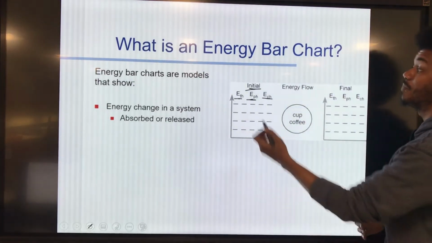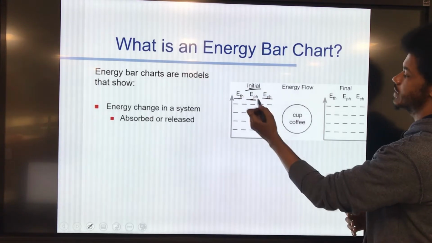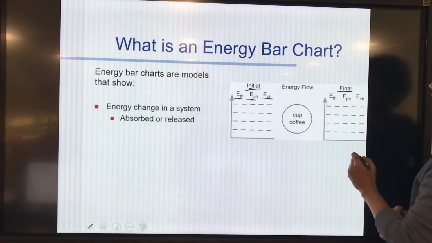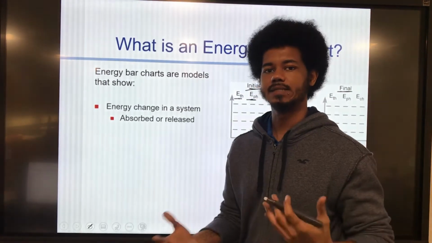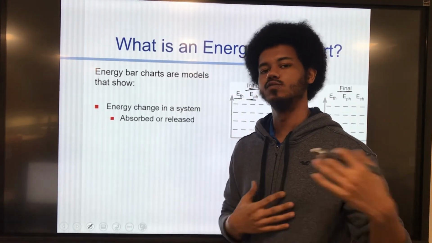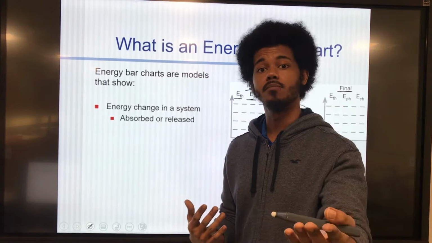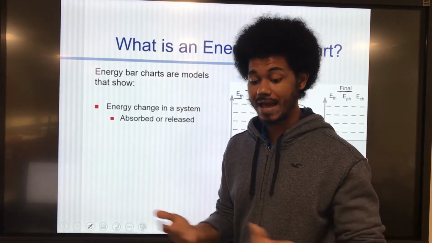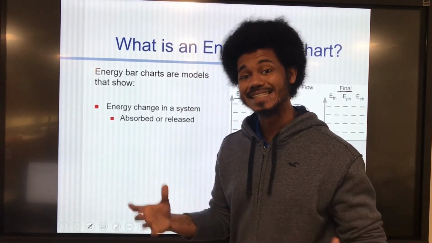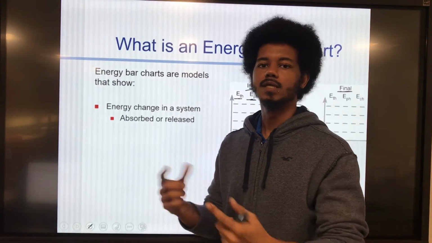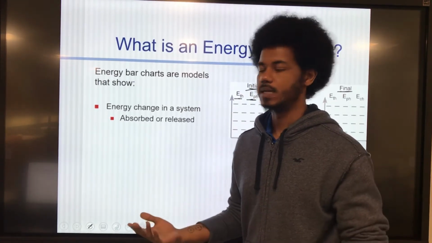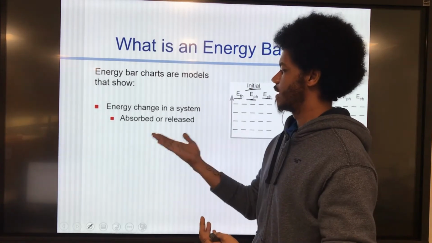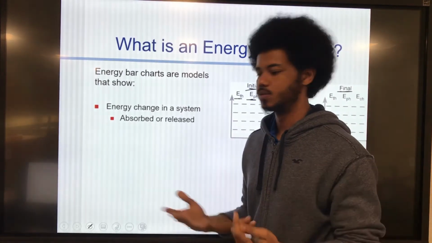And then we compare these initial states to the final states. So we get to see how the energy changed in the system. Was it absorbed or was it released by the system? And remember, in the case of the icy hot lab, the system was the water and it was absorbing energy from the hot plate. So again, we're really just tracking whether the energy is absorbed or released.